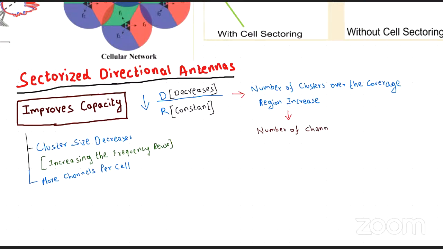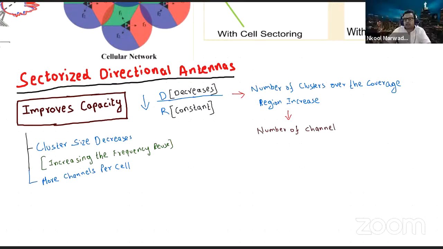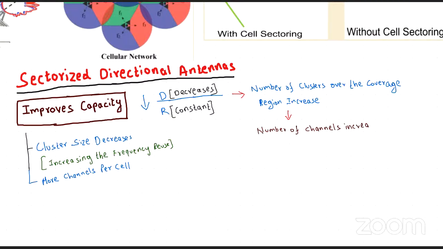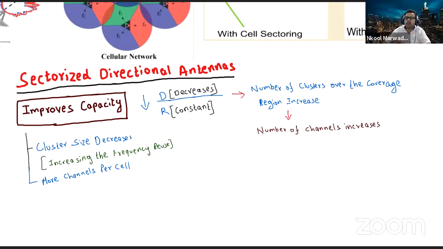Because what is a cluster? A cluster is a group of cells. And what is a cell? A cell is holding the channels, frequency groups. If the number of clusters is increasing, it means the number of cells is increasing. And if the number of cells is increasing, the channel capacity is increasing.